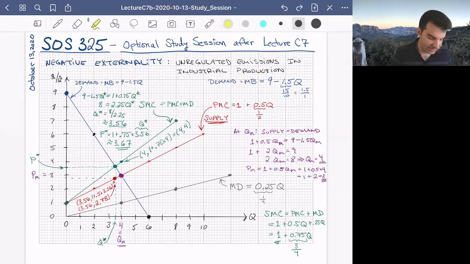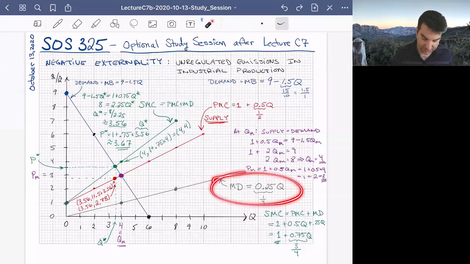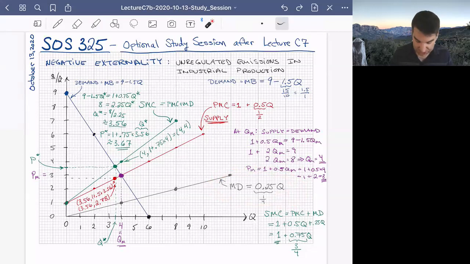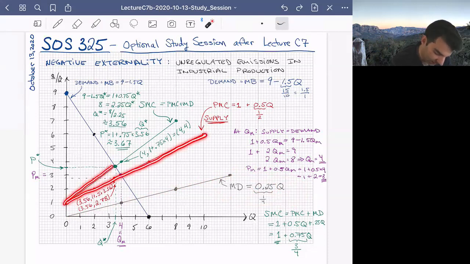If I tax everyone in the market at this rate, charging them this tax for every unit they produce, then this marginal damage that has been done to the rest of society will now be directly done to the producer. So the producer will have to incorporate the marginal damage into their supply curve, and so I will shift the supply curve from here to here.